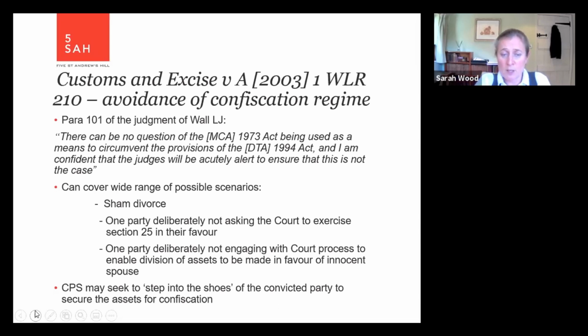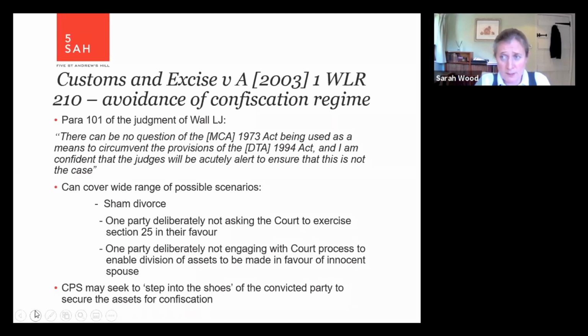And perhaps it's not hard to understand why one party may seek to do that, because they may simply prefer that in the circumstances they find themselves in, their spouse received the assets as opposed to the state or the police.